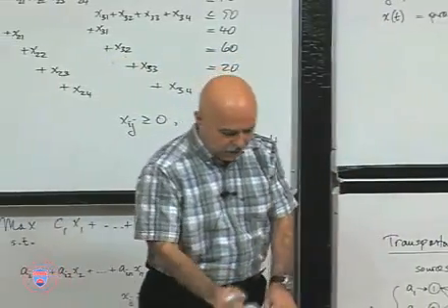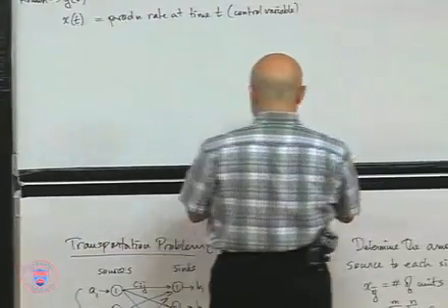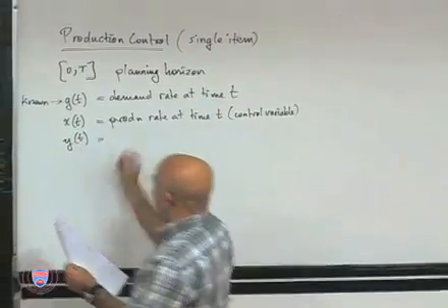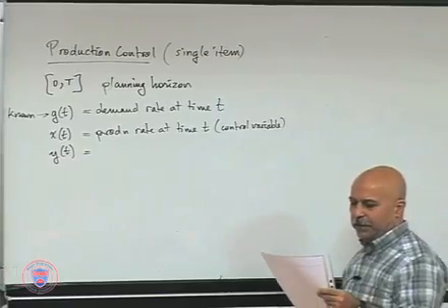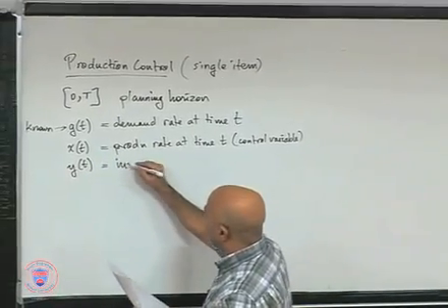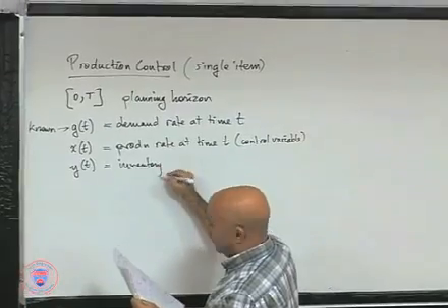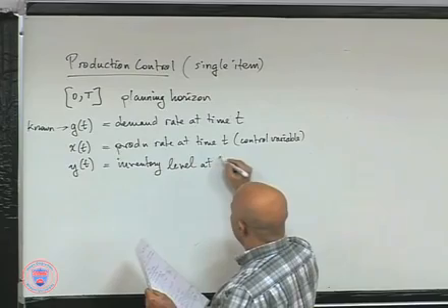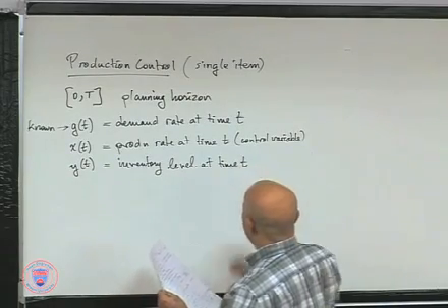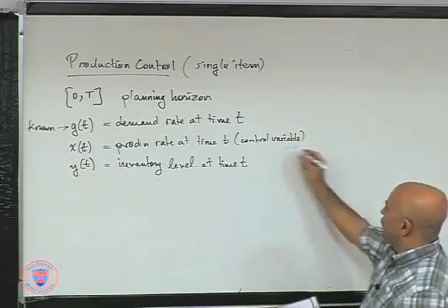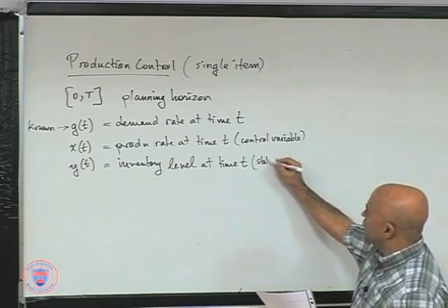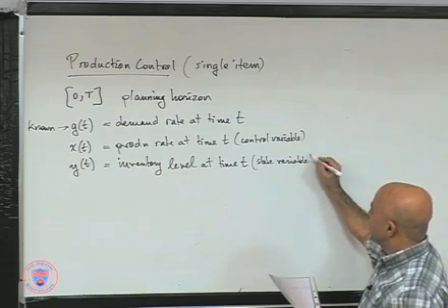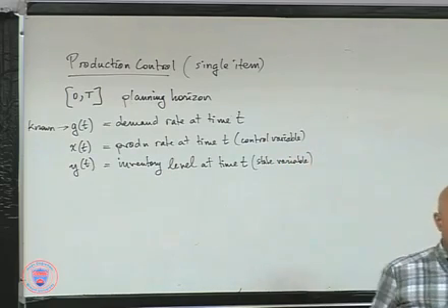So this is an example. y of t is a dependent variable. This is the inventory level at time t for the product under consideration. So x of t is your control variable, and y of t is your state variable. This is what you want to keep under control, in other words, not too much fluctuation.